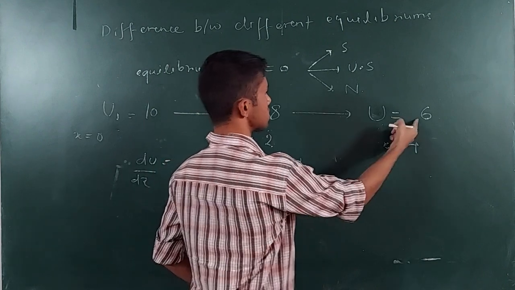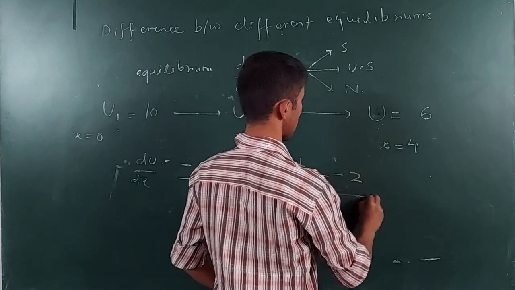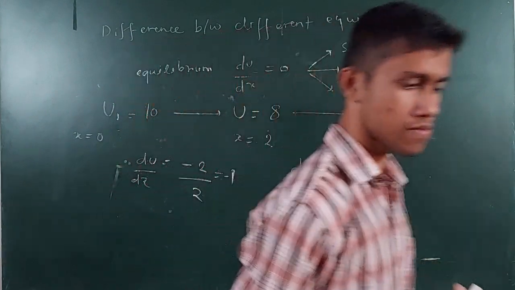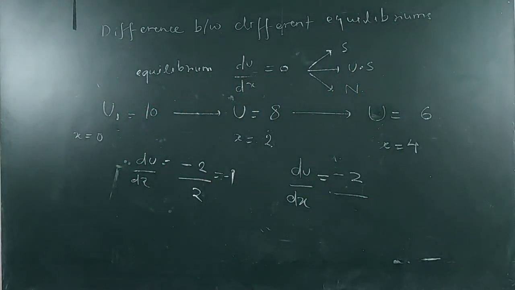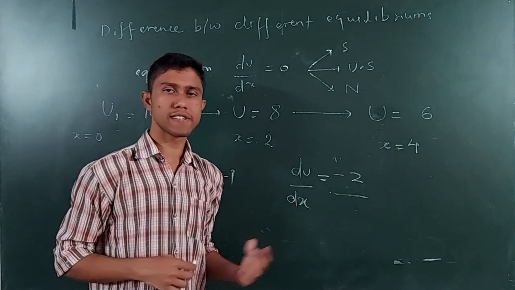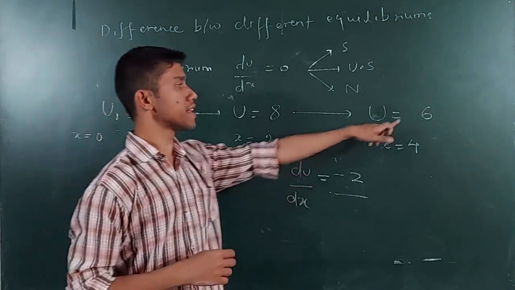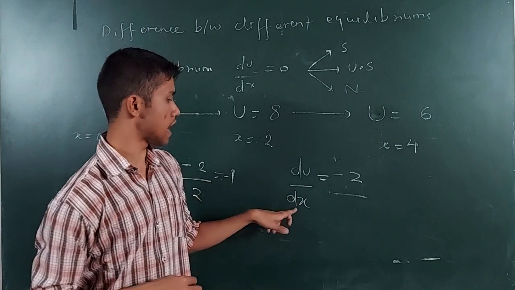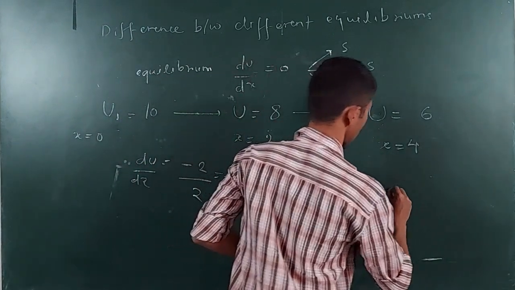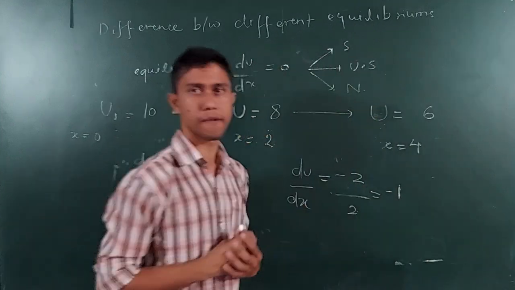It is 6 minus 8, it is minus 2, and the change in x is 4 minus 2, which is 2. So it is minus 1.